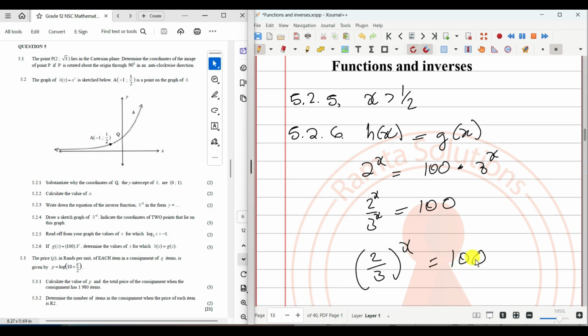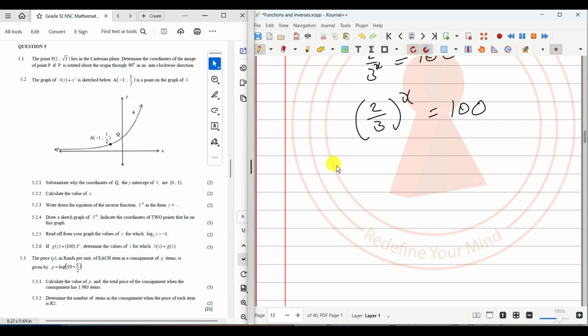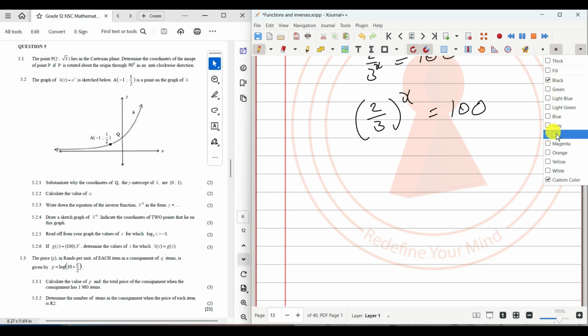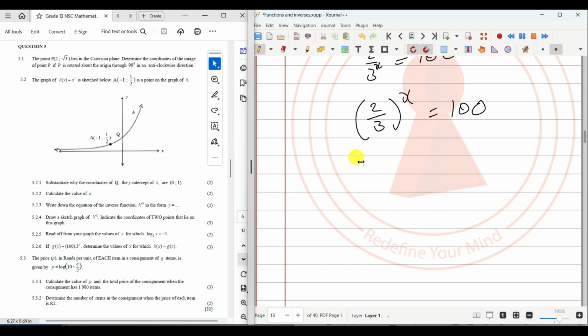Now you log both sides. I'm going to write in red. Without any waste of time, this would be log 100 base 2 over 3.